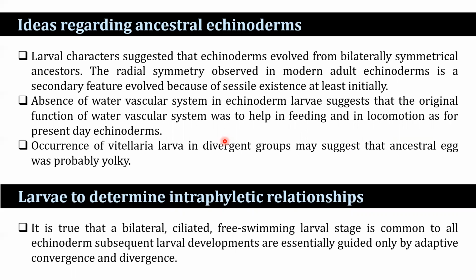Now, another opinion: larvae used to determine intraphyletic relationship. It is true that a bilateral ciliated free-swimming larval stage is common to all echinoderms. Subsequent larval developments are essentially guided only by adaptive convergence and divergence.